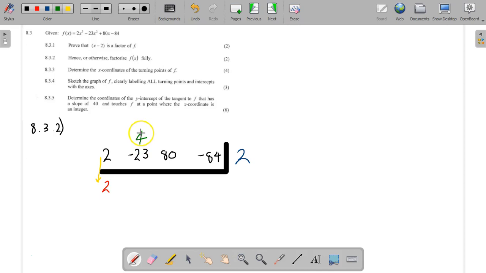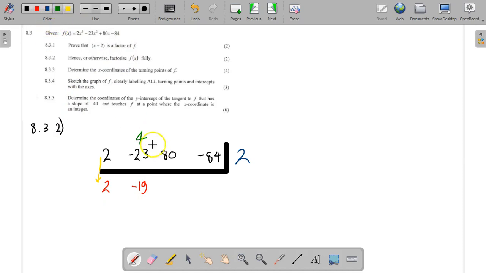Then I add 4 and negative 23, which gives me negative 19. Then I do this again: I take 2 and multiply it by negative 19, and that gives me negative 38.